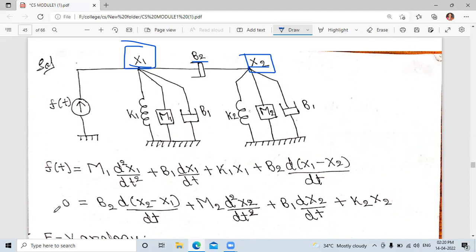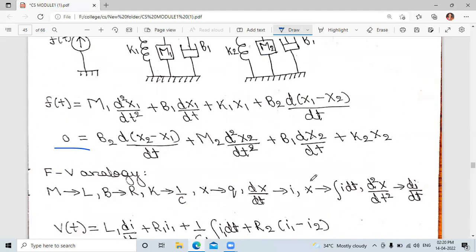No, so we write 0 equals B2 times (dx2 by dt minus dx1 by dt) plus, for the mass, M2 d squared x2 by dt squared plus B1 dx2 by dt plus K2 x2. These are the two equations we have written by seeing the mathematical model.